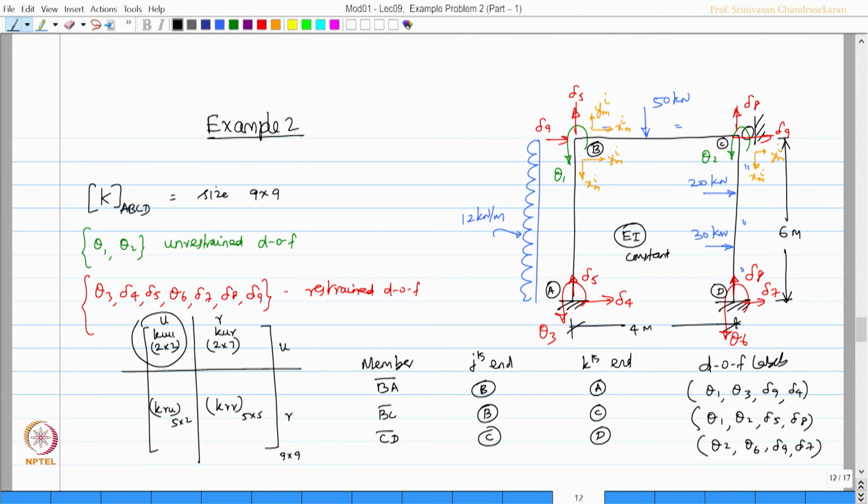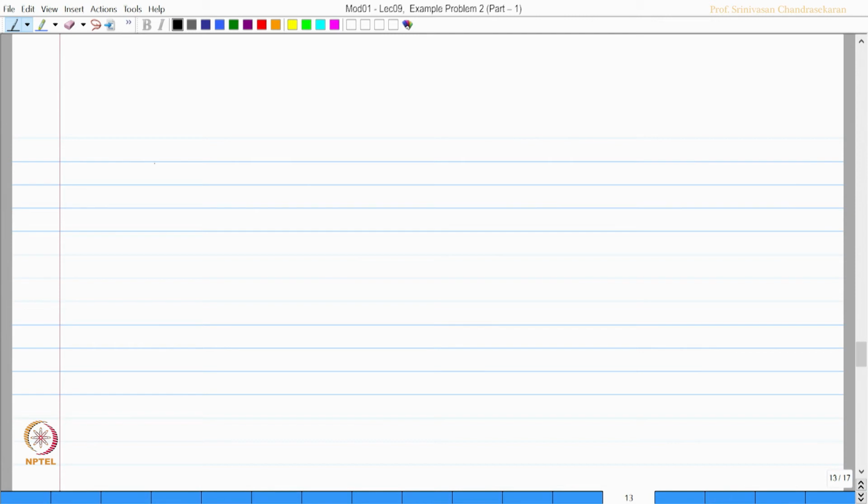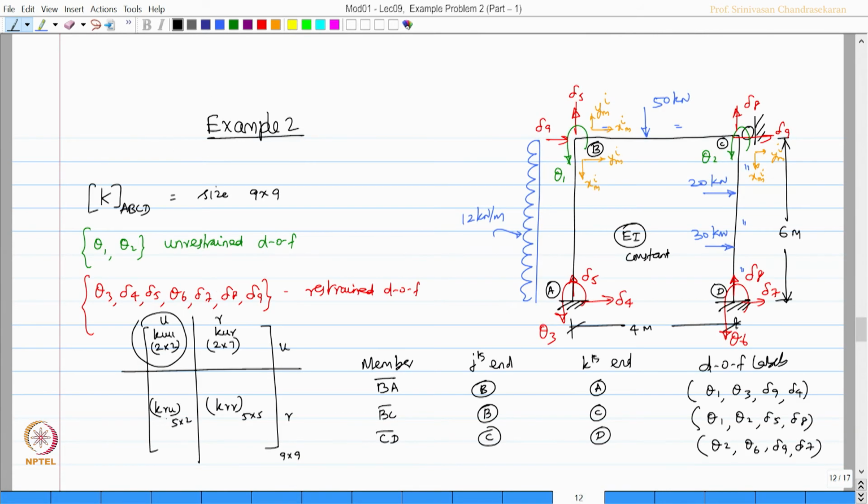Okay. Having said this, let us mark the displacement vector, rotational and translational both, which is going to be 7 by 2 and this is going to be 7 by 7, total is 9. Okay.